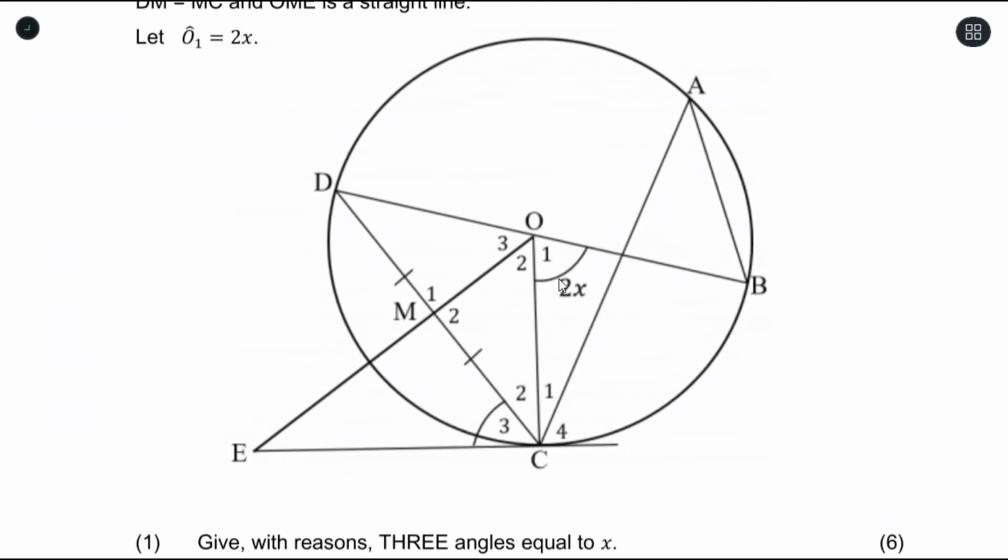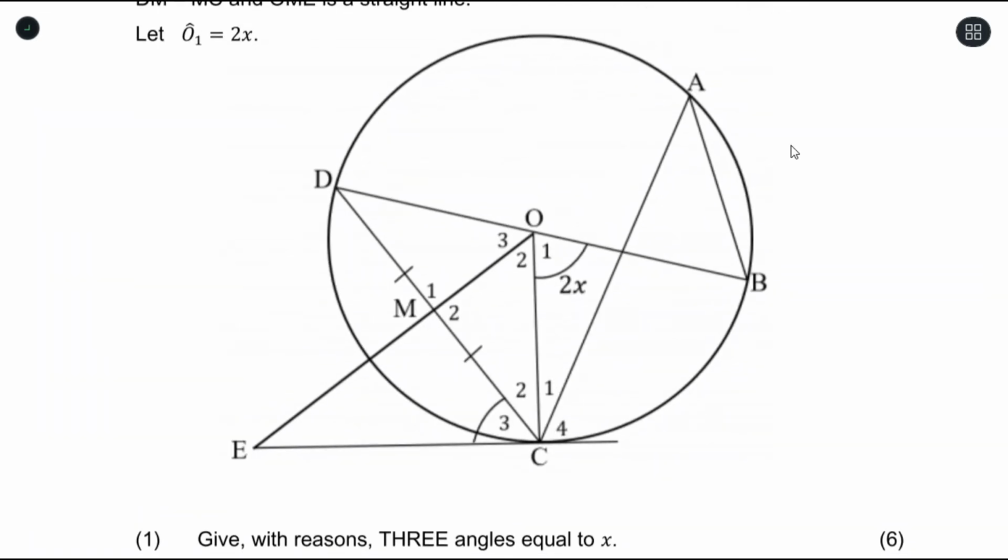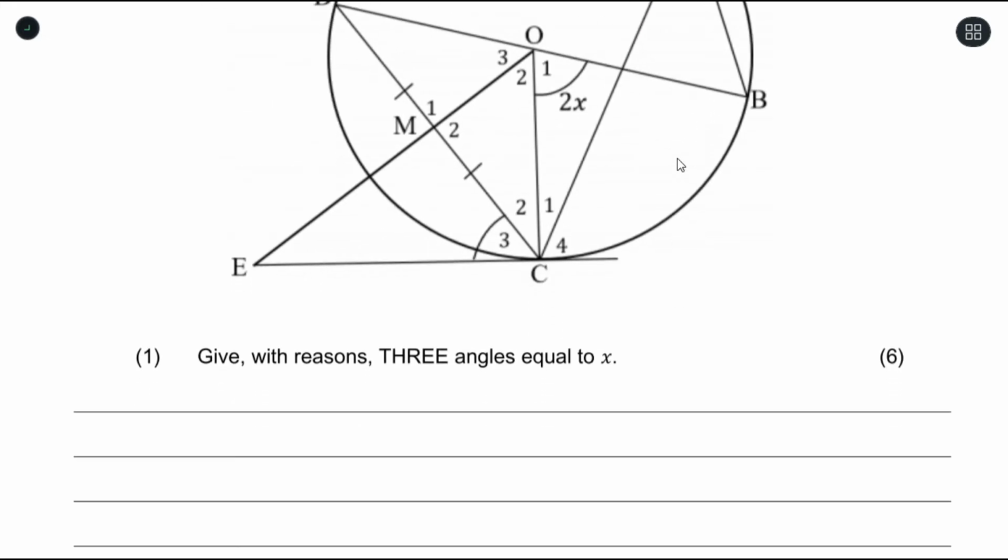Looking at our diagram, we see that A would be equal to x. And the reason why A is equal to x is angle at center is equal to 2 times angle at the circumference.